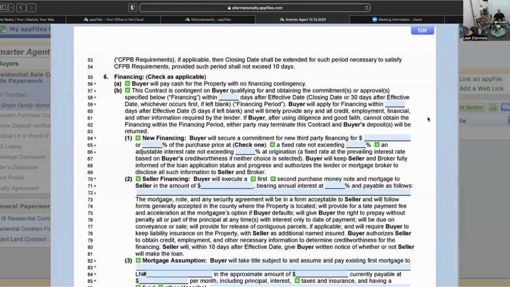But anyway, right now we're looking at the financing section of this, and it's interesting because Chris just got on and he does loans. I don't know if you do land loans or not, Chris, but that's what we're talking about right now: these vacant land contracts, so contracts contingent on the buyer qualifying. Of course, it's financing. How many days?